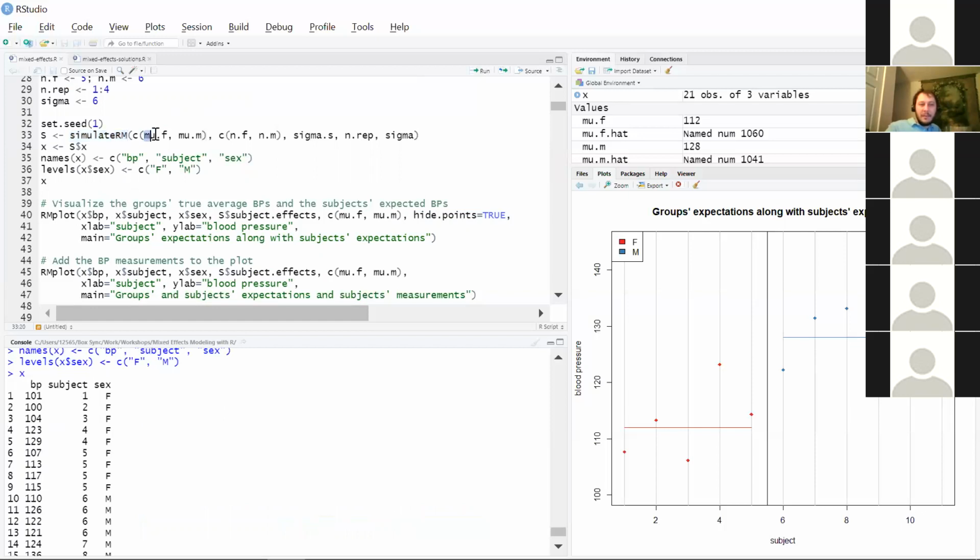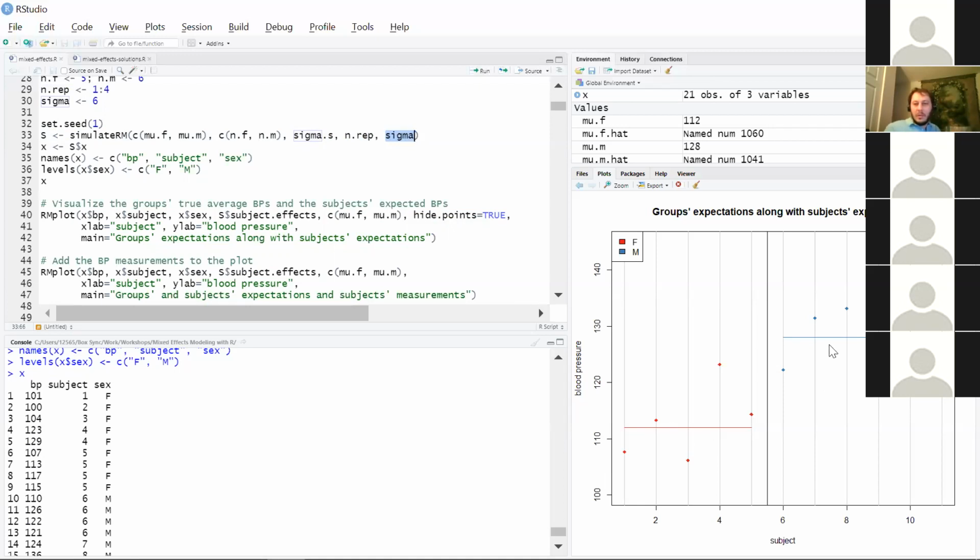I gave my function 2 group expectations, a number of people per group, a standard deviation to use to generate the people's expected values, which are their deviations from their group expected values, number of repetitions, number of measurements to take per person, and a standard deviation to use in generating those actual measurements. That the sigma is going to be used to generate the deviations or the errors from each person's expected value.